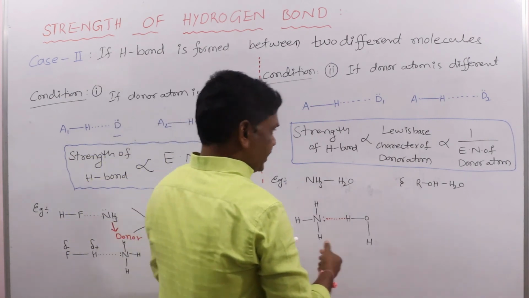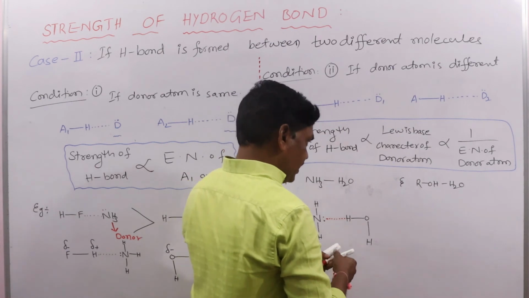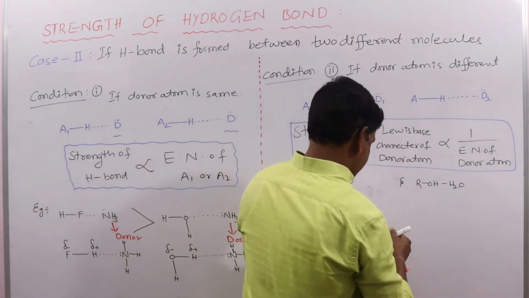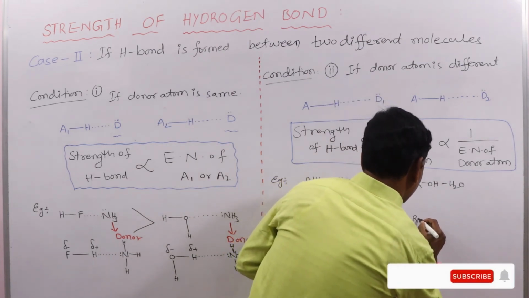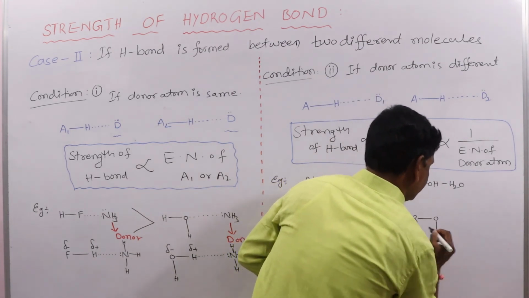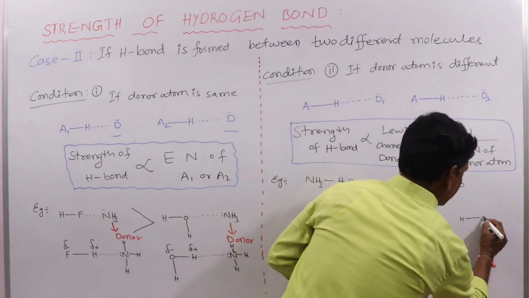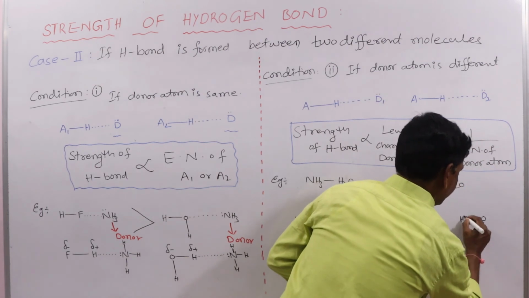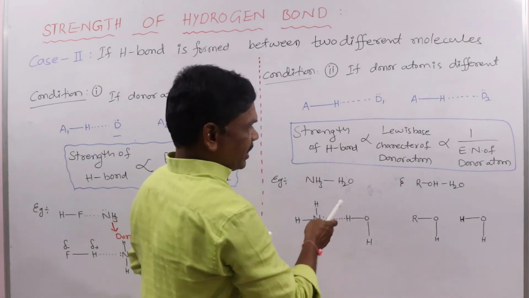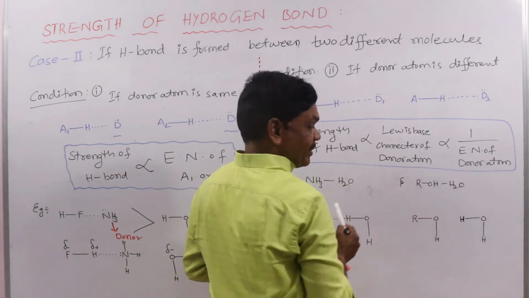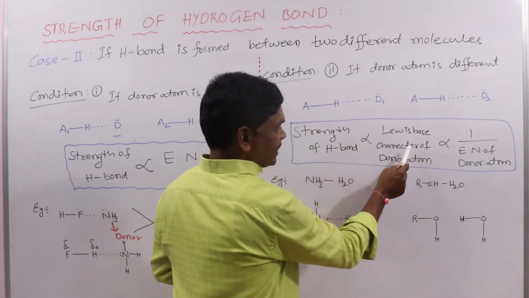Okay, so now here also, in the case of alcohol and water molecule, ROH, this is alcohol. Here also same: hydrogen, oxygen, hydrogen. Okay, so now here the electronegativity is the same, but here it is the Lewis base character.